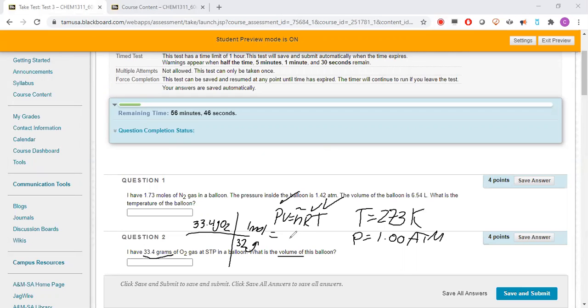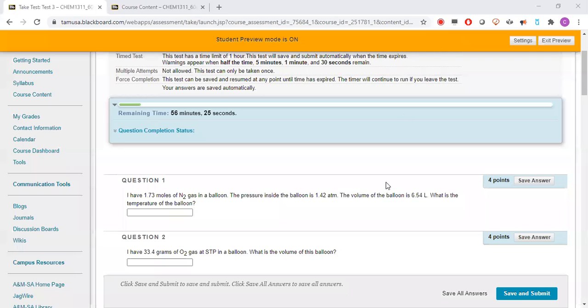We have 1.04 moles. And so now we just solve for V. V equals nRT divided by P. And again, everybody had slightly different amounts of O2, but you just fill in your values and solve for V. So that's question 1 and 2.